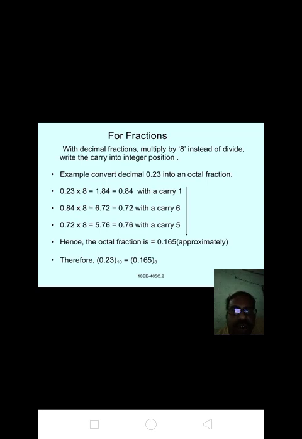Hence the octal fraction from top to bottom is approximately 0.165. Therefore 0.23 base 10 equals 0.165 base 8.